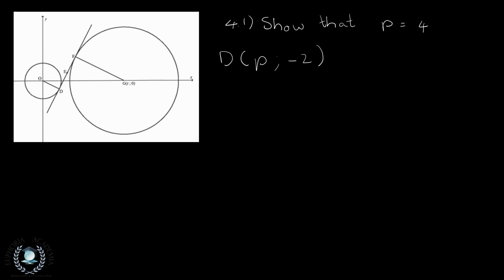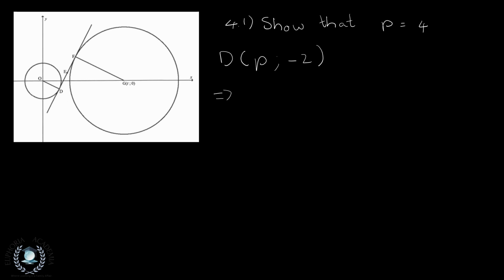We are told that the point D lies on the smaller circle, which we have been given an equation of. So this would just mean that we have to substitute these coordinates into the formula of a circle, and we will find what P is. So without waste of time, let's get into it.